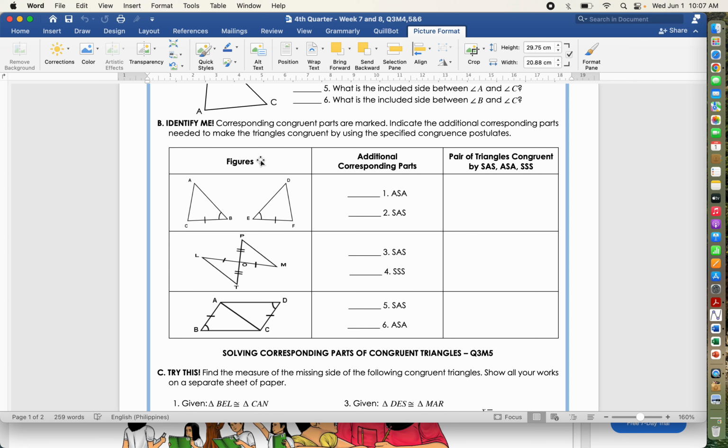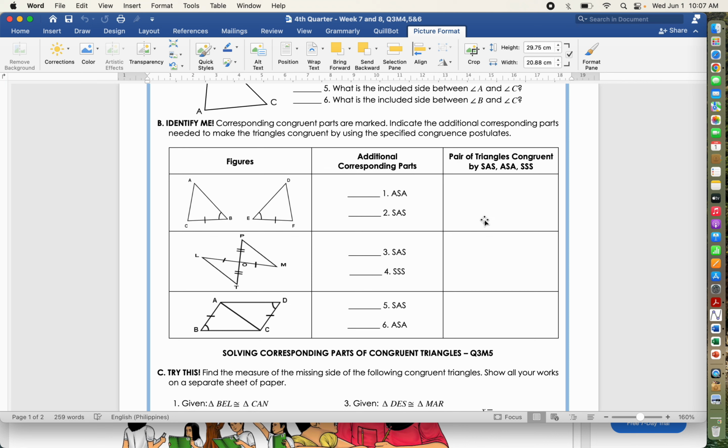The first column, figures ng mga triangles. And then sa second column, you need to provide the additional corresponding parts to make the two triangles congruent by ASA, SAS, and SSS.